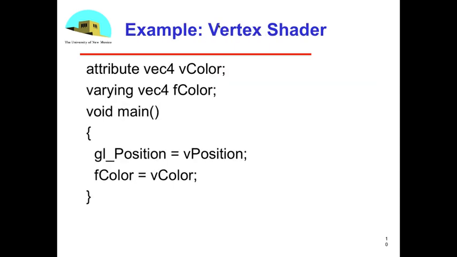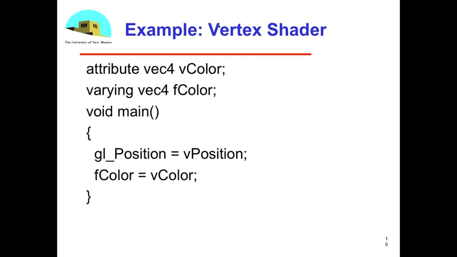So here's, again, a very simple vertex shader, but in this case it has two variables. The attribute is vColor because it's coming from the application, but it's being sent off to the fragment shader through the rasterizer as a varying variable, so we're going to call it fColor.